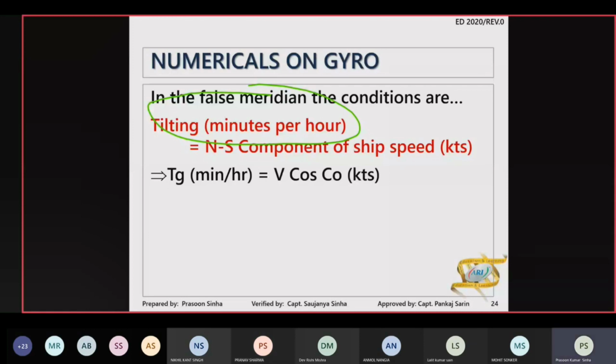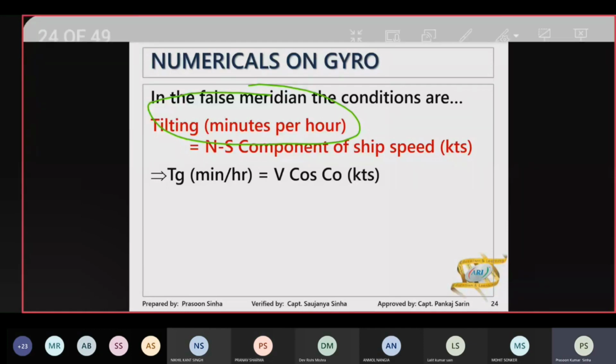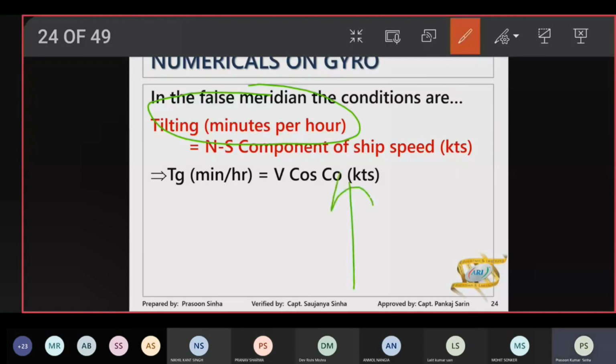If the course was 000, cos 0 is maximum, so maximum V will go northward. If the course is 000, there will be maximum tilting. As the course increases toward 90, cos 90 is equal to 0, so the northerly-southerly component will become 0. So V cos course gives us the component of northerly or southerly direction.